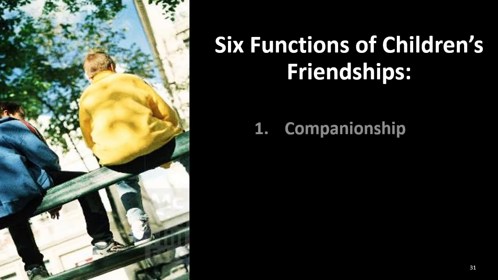So this is a kind of interesting concept too, this idea of these 6 functions of friendship. Not a Freudian slip, but that might have been a Freudian omission. I didn't even mean to not say child friendship.